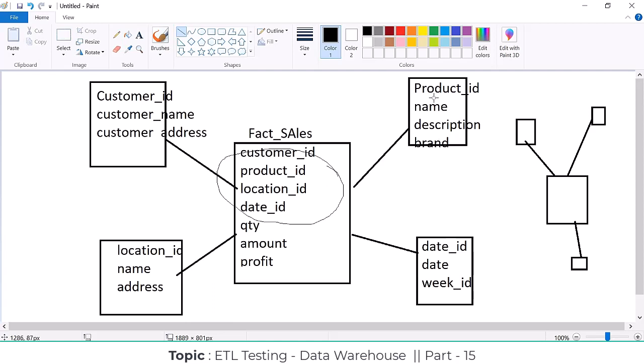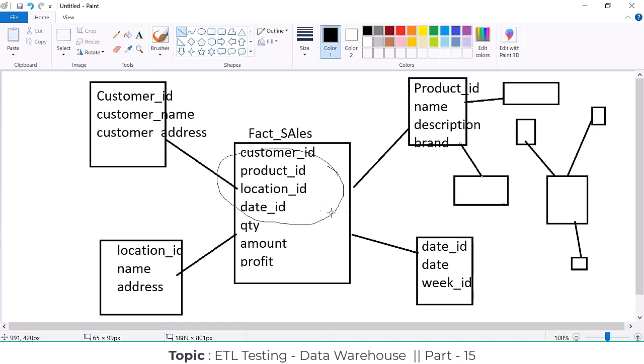So these dimension tables can be split into multiple tables in the Snowflake schema. Like that, all the dimensions are going to be split into a number of lookup tables.